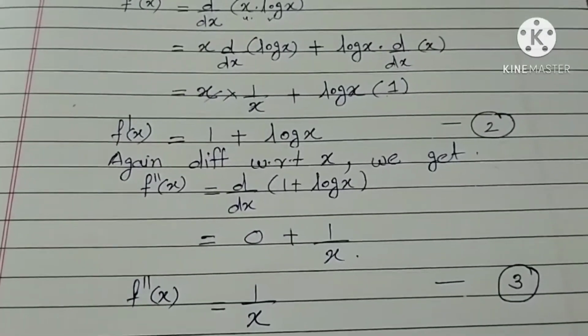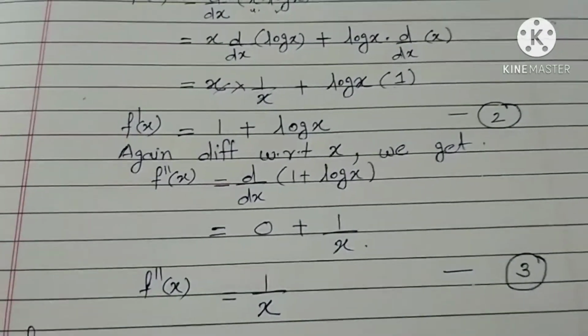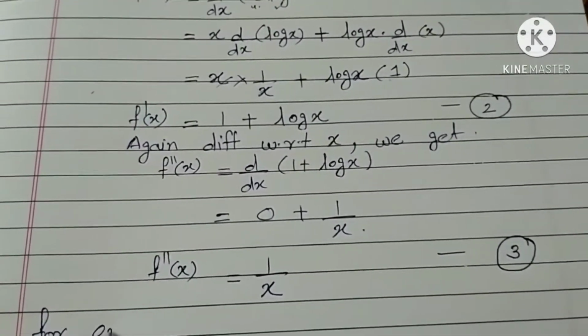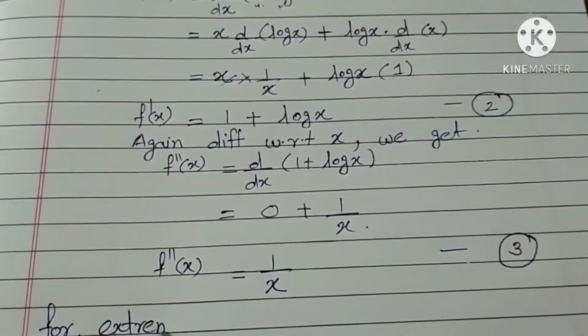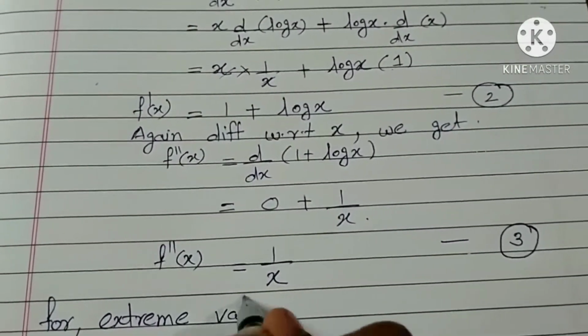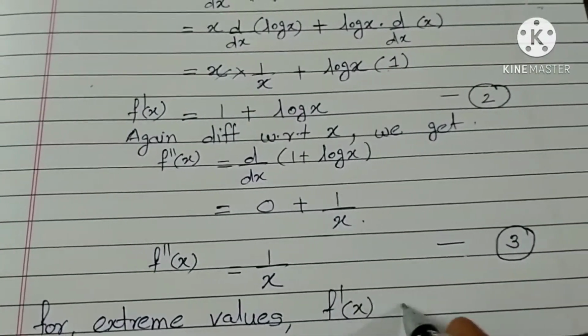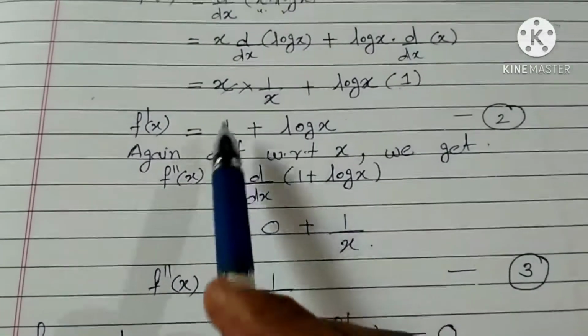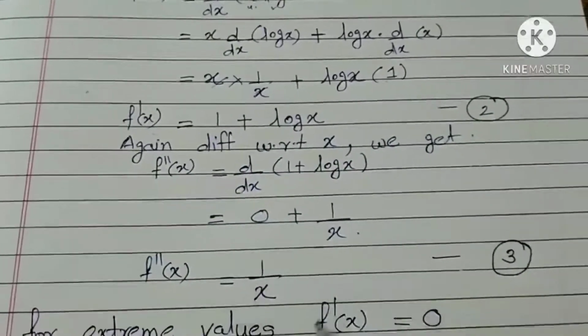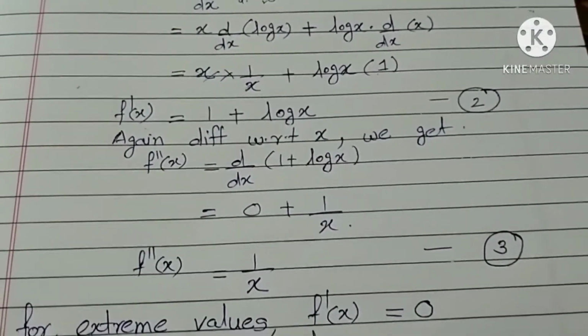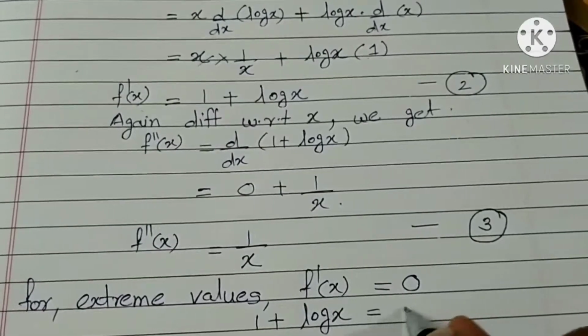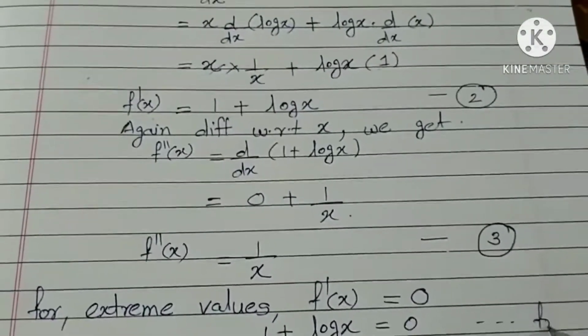Okay. Now for extreme values, take f dash of x equal to 0. So here it is our f dash of x. Take it as 0: 1 plus log x is equal to 0, from equation 2.